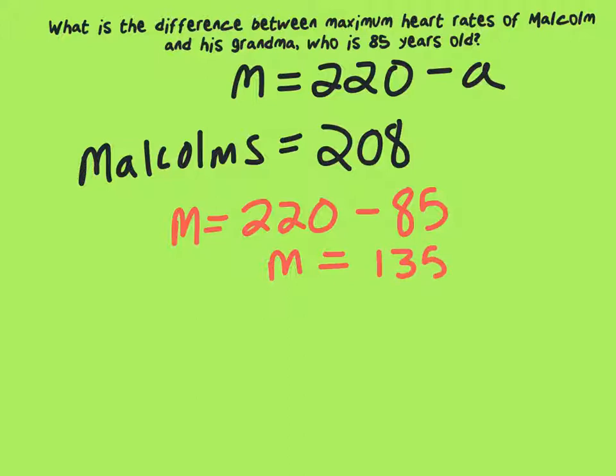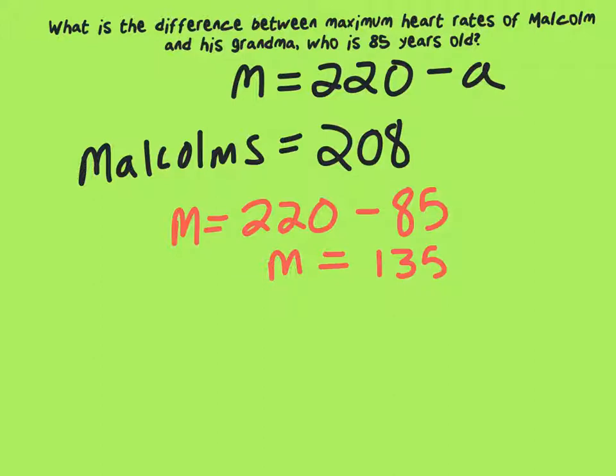But don't forget, you're still not done, because you need to find the difference between the maximum heart rates of Malcolm and of his grandma. So you're going to take Malcolm's heart rate, and then find the difference of that and his grandma's.